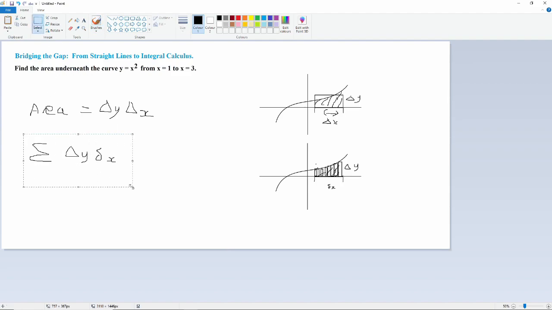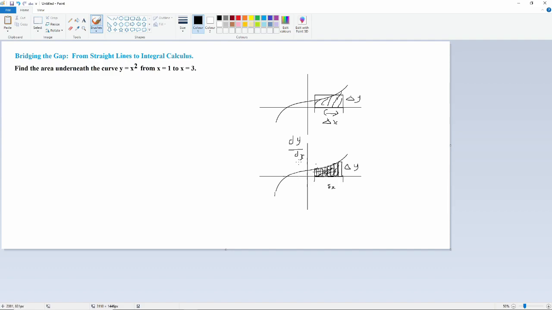So if we imagine that this curve that we care about is actually a plot of the derivative, so if this wasn't y, but if instead this was dy by dx, then the area under the curve, if we had the whole area under the whole curve, that would actually be the original curve that this was the derivative of.